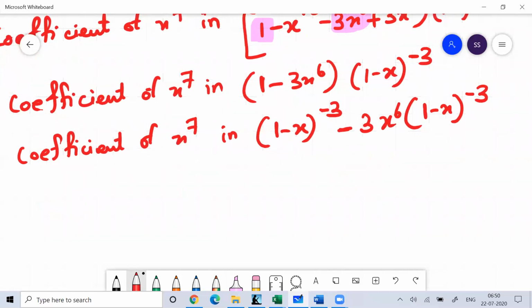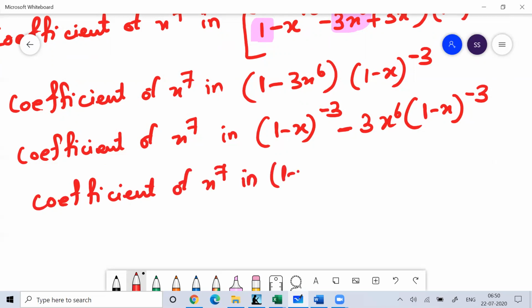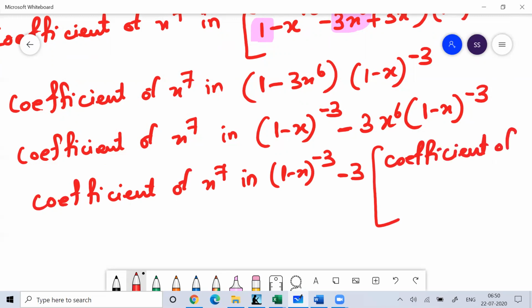So now I can go further and search for the coefficient of x to the power 7 in (1 minus x) to the power minus 3, minus 3 times the coefficient of x to the power 7 in x to the power 6 into (1 minus x) to the power minus 3.